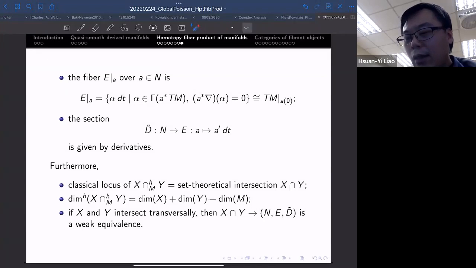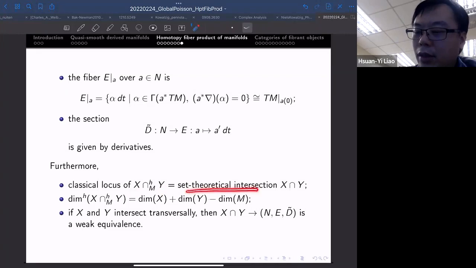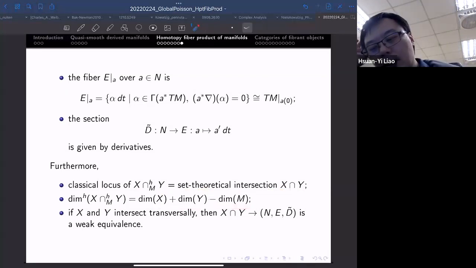And the classical locus of my derived intersection is the set theoretical intersection. And the derived dimension of this derived intersection is dimension of X plus dimension Y minus dimension M, which is the dimension of intersection in good case.